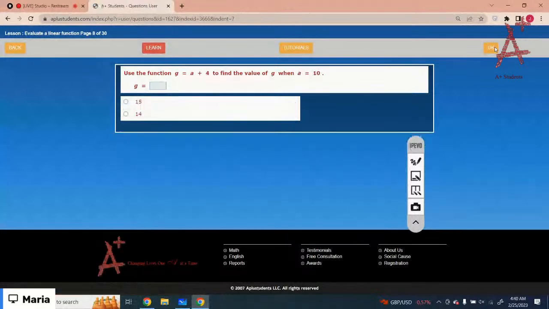Okay, the next one is use the function g equals a plus 4 to find the value of g when a equals 10. So just replace the a with the value.